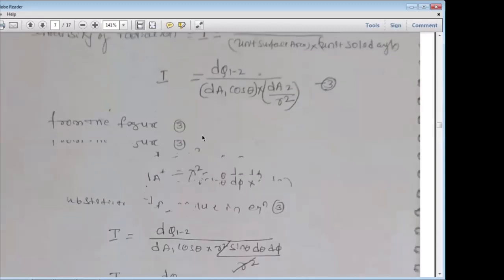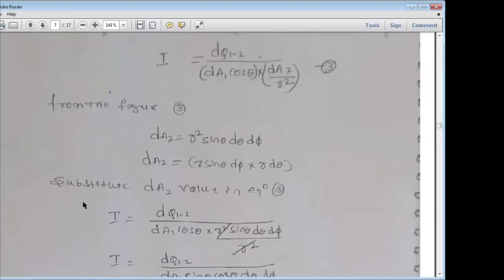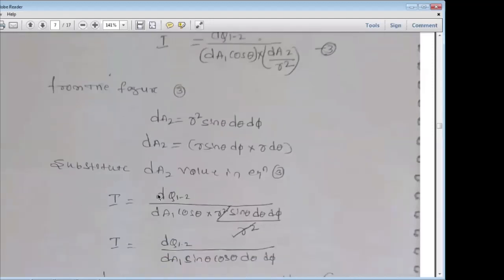Now substitute the value of dA2 in I. Then I is equal to dQ12 over dA1 cos theta into R square sine theta d phi d theta divided by R square. The R square gets cancelled.